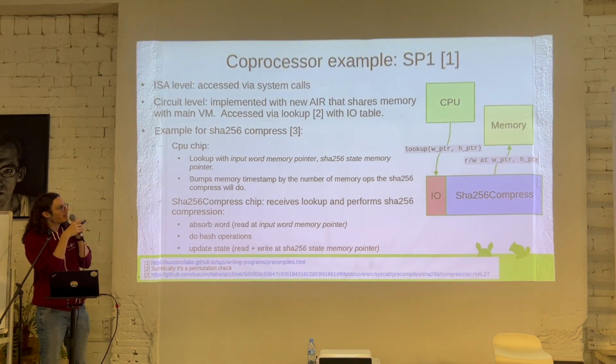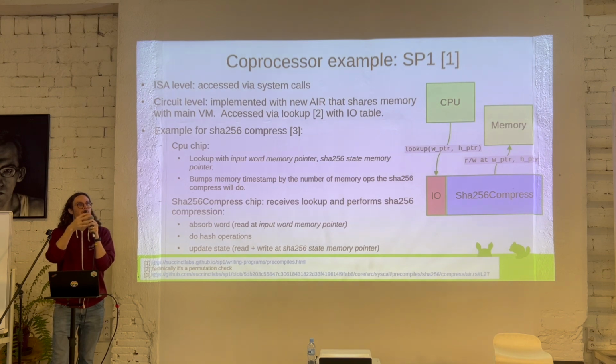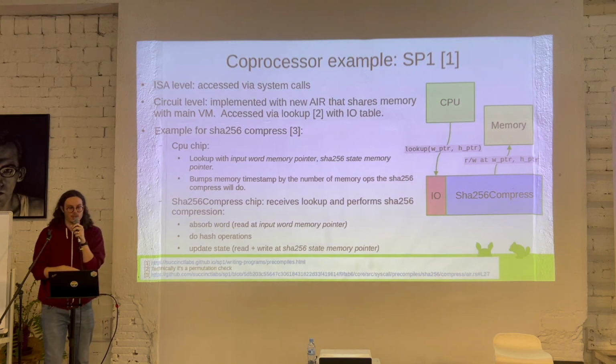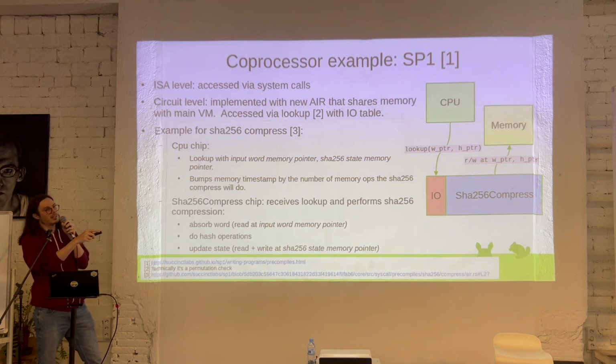In particular, this coprocessor AIR circuit will also be looked up via the joint lookup we saw before. And it's interesting to see that since this coprocessor has access to the memory, you don't need to pass all the data when doing the lookup from the CPU, you can just pass pointers.